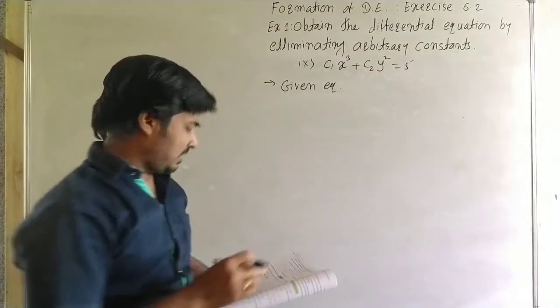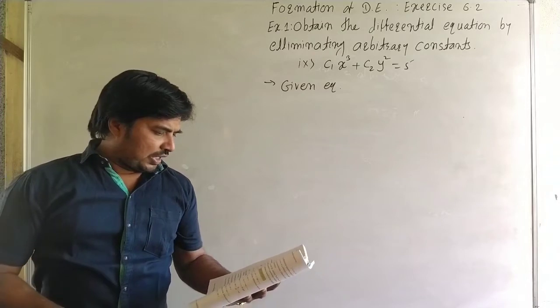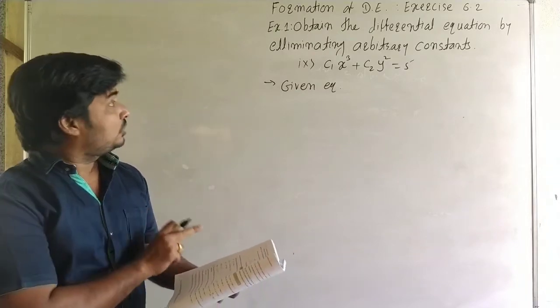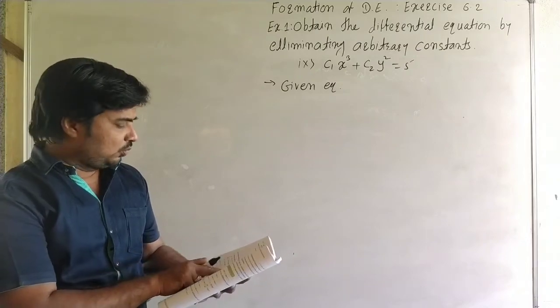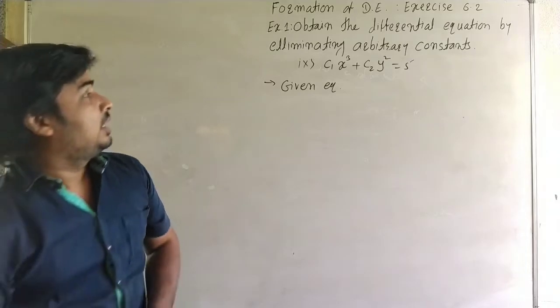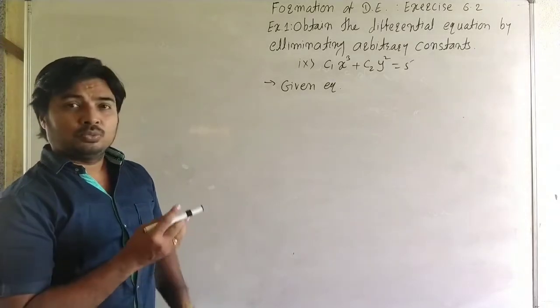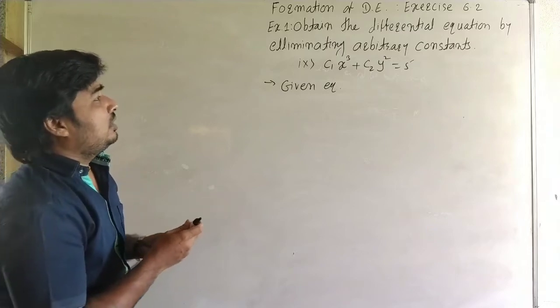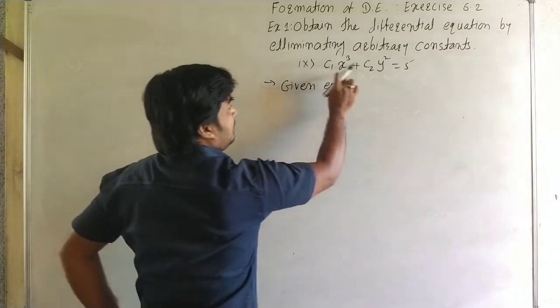Again this example is the same as example number 2 in exercise 6.1, question number 1, and example number 2 and this example 9 are the same. Example number 2 we have already done in our last lecture. Same process here. There are two arbitrary constants c1 and c2.